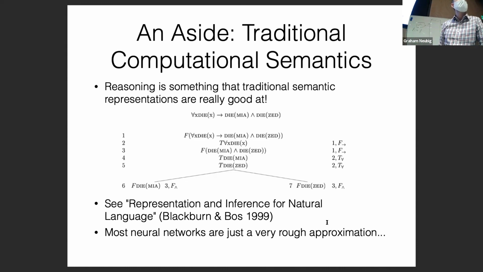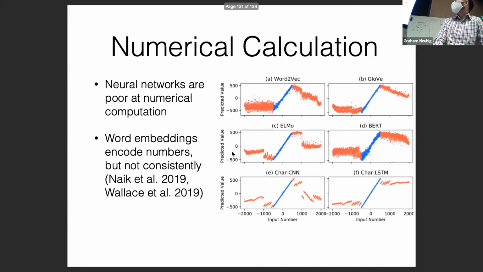But the thing I wanted to point out is there are a lot of things in here that neural networks could not do well, and a lot of things that neural networks can do very well that symbolic reasoning could not do well. So that's the whole motivation for combining the two methods together.